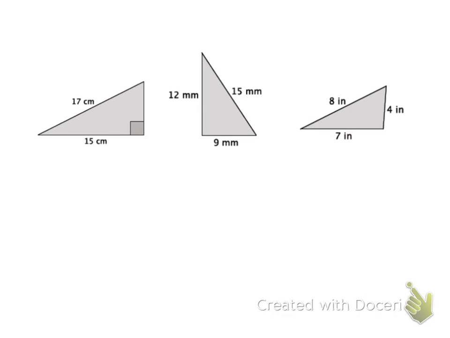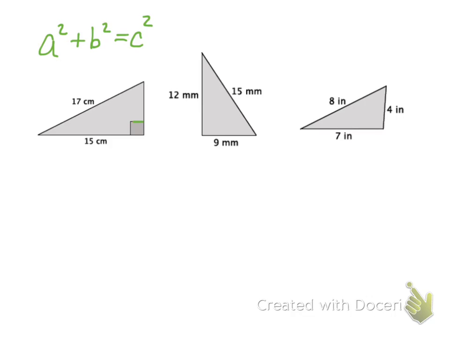Okay, let's start with the triangle on the left. And so hopefully you found that for this triangle, using the Pythagorean Theorem, you can find this missing side right here. And so what we want to do is use the Pythagorean Theorem to first write an equation. And it says that a squared plus b squared is equal to c squared for a right triangle.